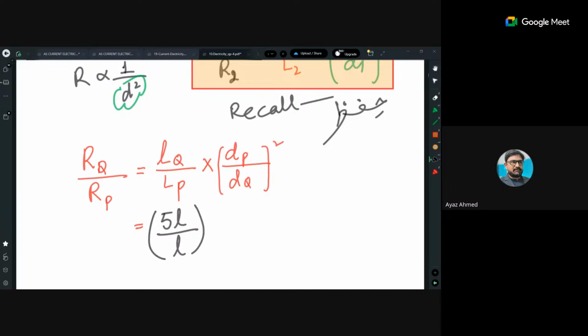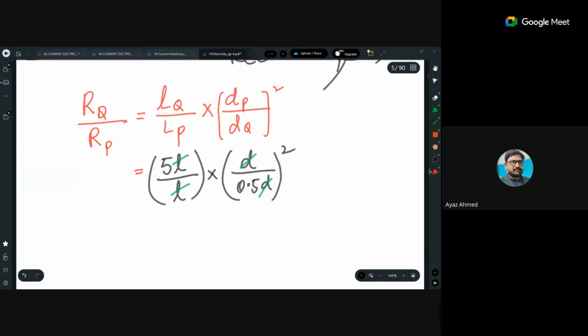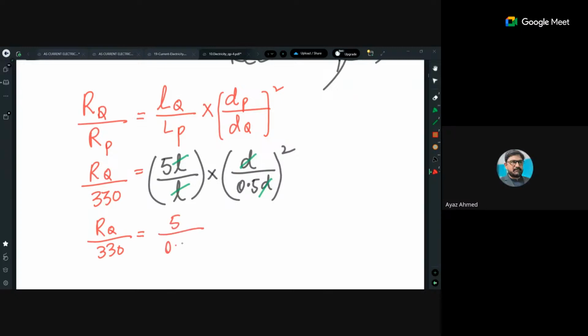L. Diameter of wire P is D. And what about the diameter of wire Q? 1.5D. Now cancel L, cancel D, take out your calculators and give me the number. Is this 2.5? No, dear, no chance of mistakes in life now, it is 6.25. Is it 5 divided by... no, sorry. It would be 20.